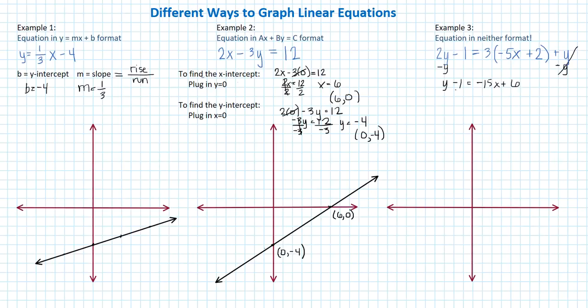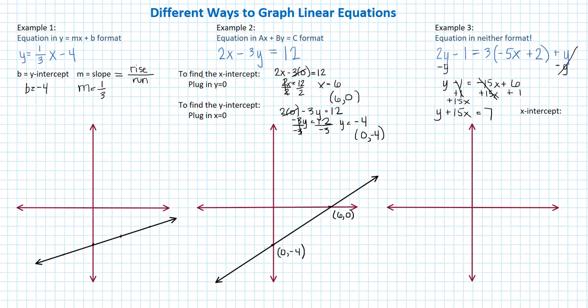And now I'm going to bring the 1 to this side by adding 1 to both sides, and I'm going to add 15x to both sides. And so now I have 1y plus 15x equals 7.